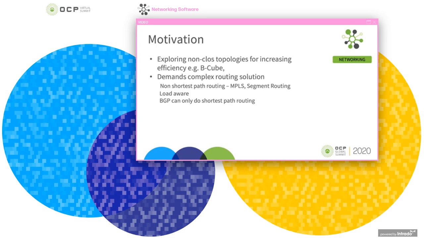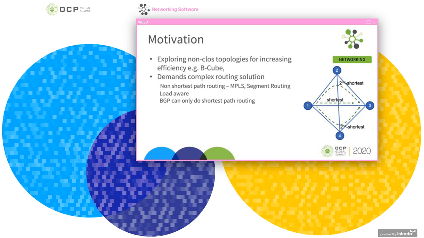However, the non-Clos topologies demand more complex routing solutions. Take a look at this fully meshed topology on the right. From node 1 to node 3, there is a path over the directly connected link, and there are two more paths through node 2 and node 4. However, the other two paths require non-shortest path routing capabilities.